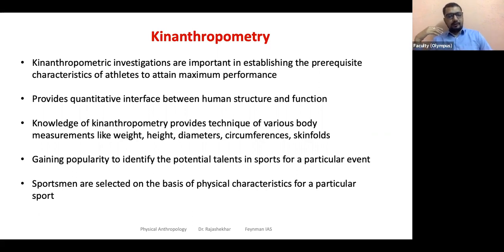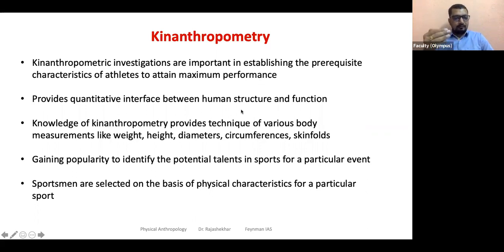So circumferences we can measure, and fat in certain regions of the body we can measure. Those types of measurements are nothing but anthropometry. Those measurements provide us the knowledge about those quantities of those features. So we are quantifying the various structural elements here.